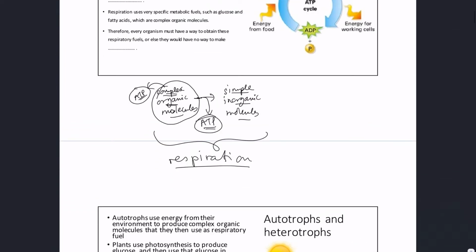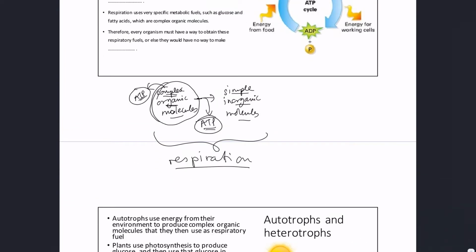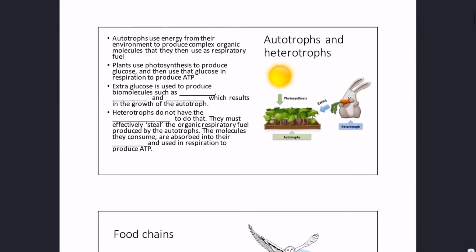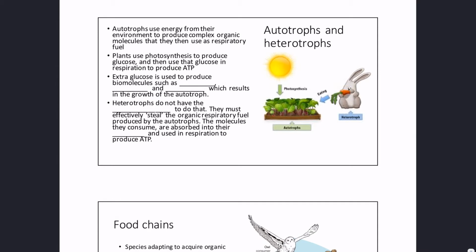All right, so every organism needs a way to have these complex organic molecules. But this is our first time that we look at how different organisms have adapted differently. Some organisms have adapted to be able to generate their own complex organic molecules, and they make these complex organic molecules using energy from their environment.